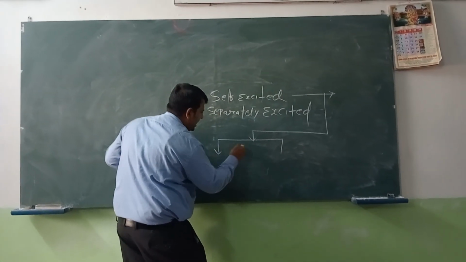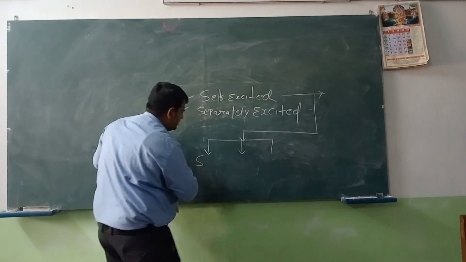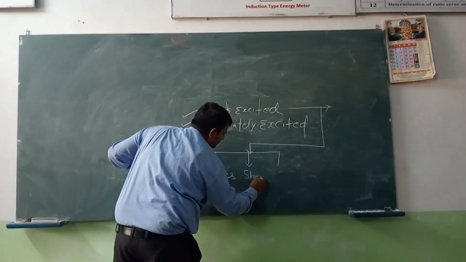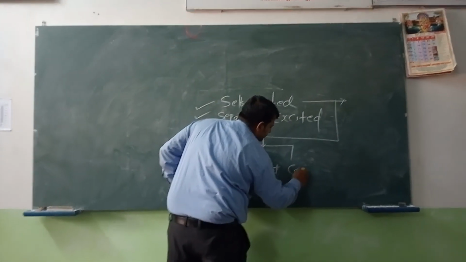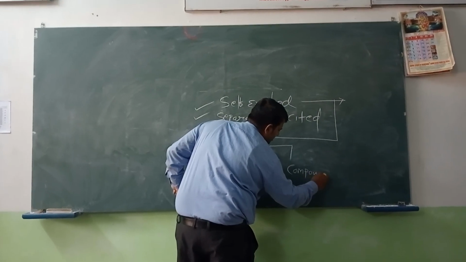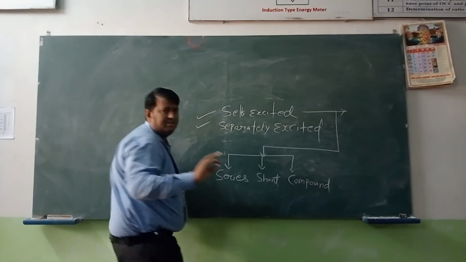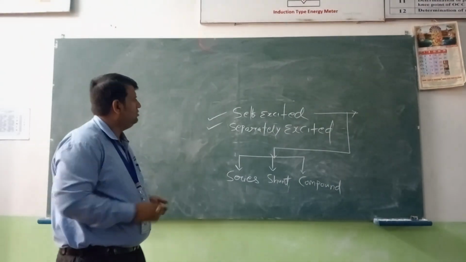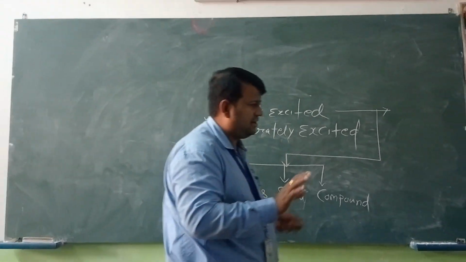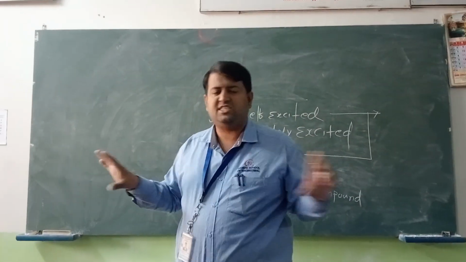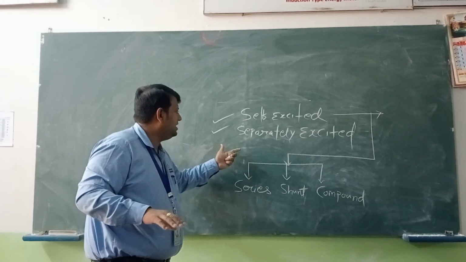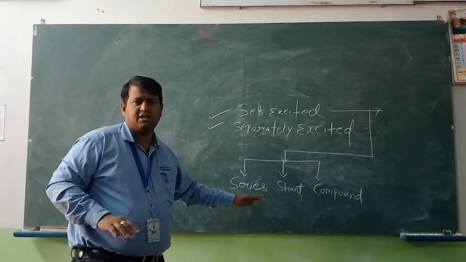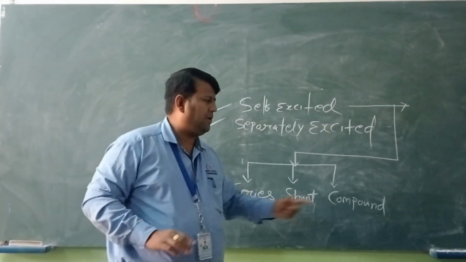Can anybody say what the types are? Series, shunt, and compound. Understand? Series, shunt, and compound. In the case of separately excited, the armature winding and field winding are separate. But in the case of self-excited, there are 3 types of DC generator: series, shunt, and compound.